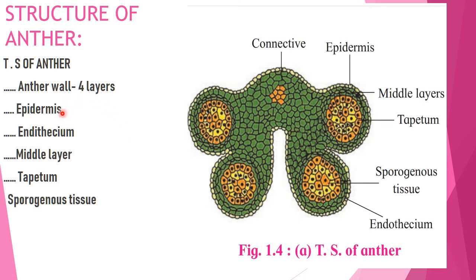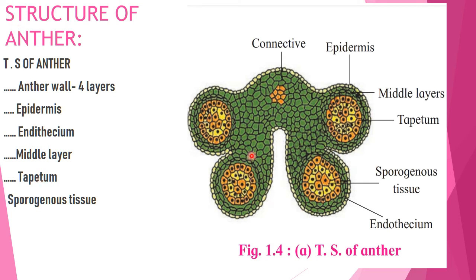The outermost one is the epidermis, then the second one is the endothecium, third are the middle layers. It is called middle layers because there can be more than one layer, more correctly 1 to 2 layers. And the innermost one is the tapetum.